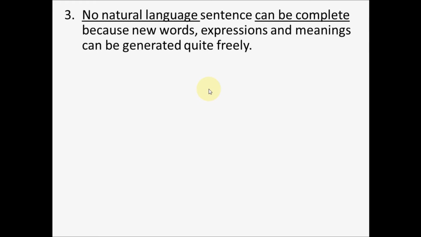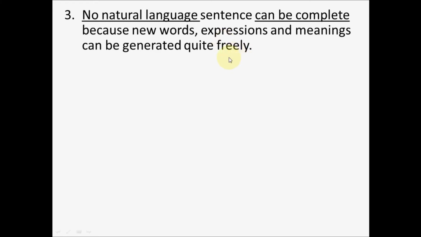Similarly, in Facebook, now we call it a post. Earlier we used to call it a scrap. Right? I have written a scrap on your wall. Now we use the word post on the wall. So as the technology changes, as the years pass on, new words and new expressions and new meanings can be generated quite freely, right?